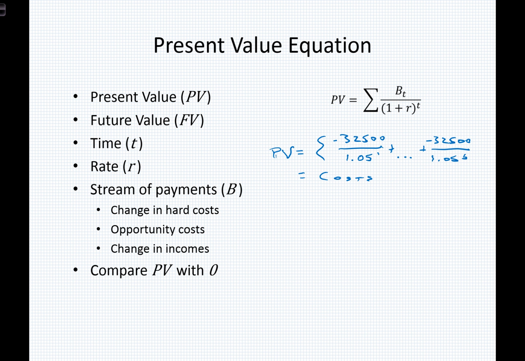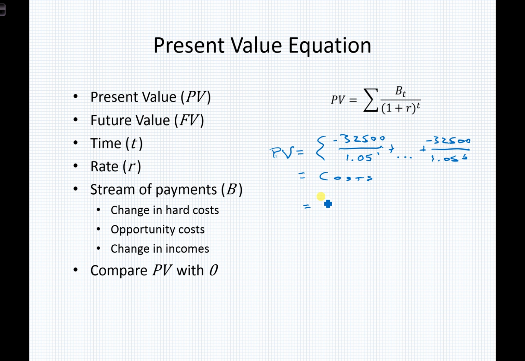Well, if I think a little bit further about this, what are my benefits? Let's say my expectation is making $50,000 a year after I finish my education, and I'm going to continue to work for a good 20 years beyond that. Then my benefits are going to be the difference between my pre-education income, which was $25,000, and my post-education income of $50,000.